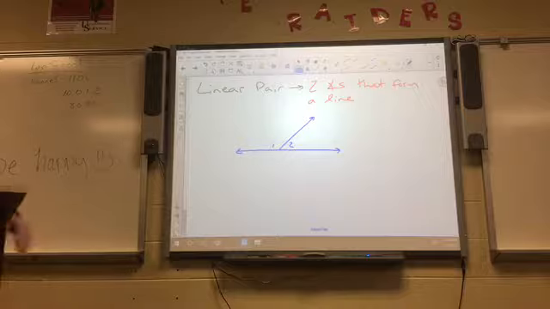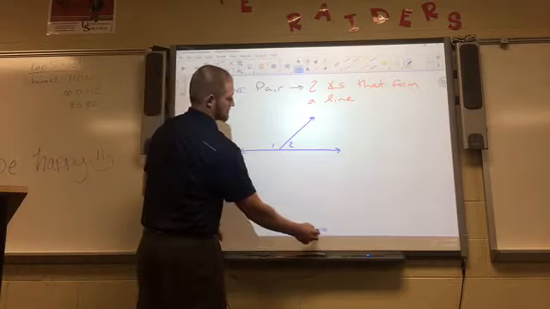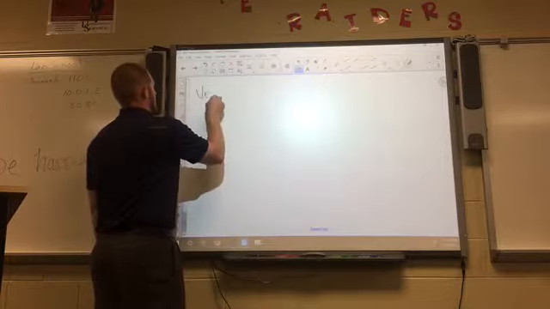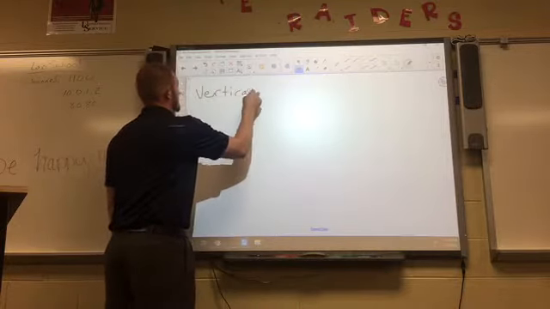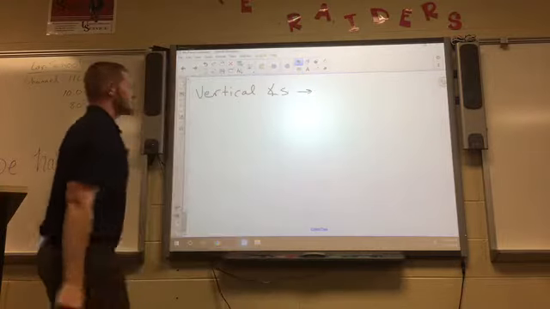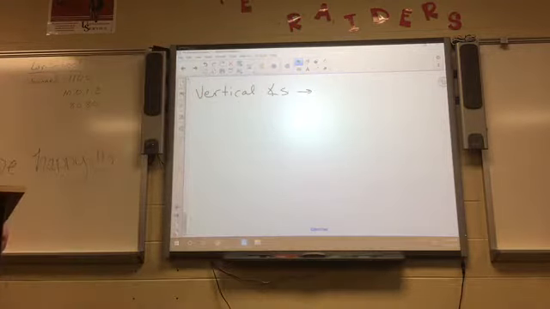The last term, and one that sometimes takes students a little while to figure out or to understand, vertical angles. Okay. I'm not going to write a definition for this one because in the past I've found that students like to think about it differently than the book tells them.